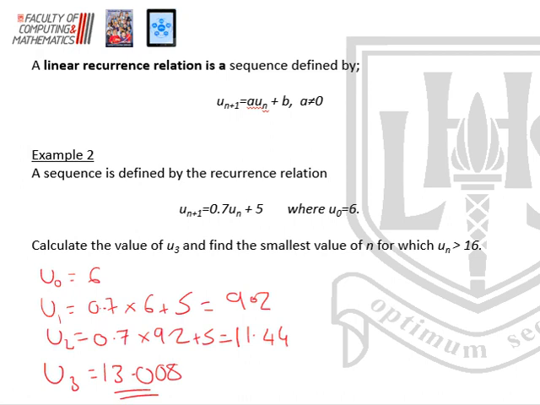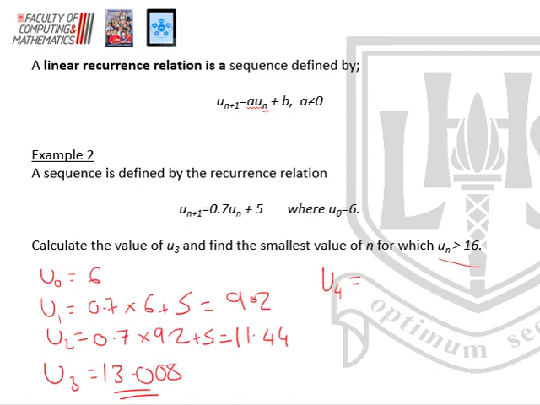The second one is find the value of n for which Un is greater than 16. Essentially, that means how many times do you have to run through this equation before we get over 16? That's simply going through your U4, U5, U6, and finding out which one is above 16. What I would encourage, particularly for the guys with the good Casio calculators, is to get your teacher to show you how to do that quickly. It's just a case of setting up a reconciliation using the answer key and then rattling through it.